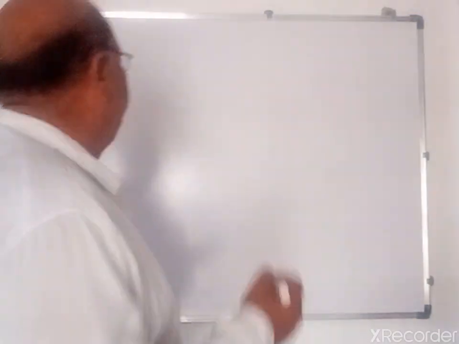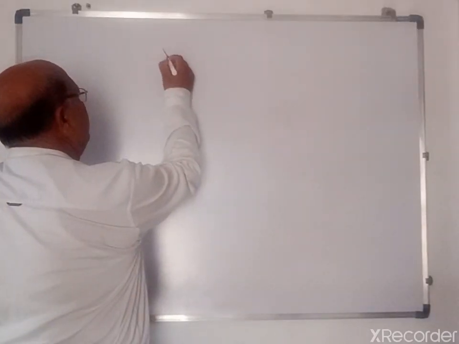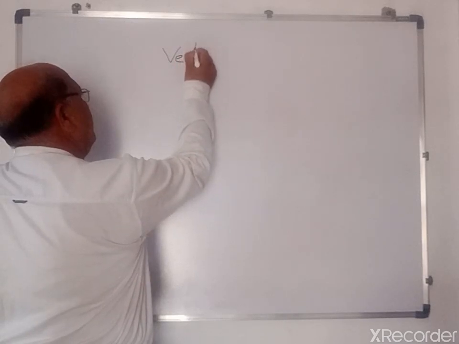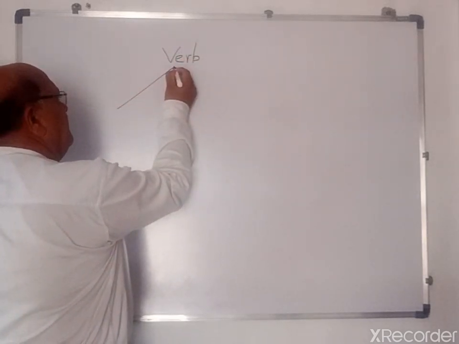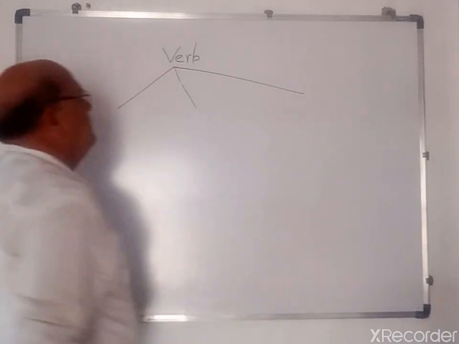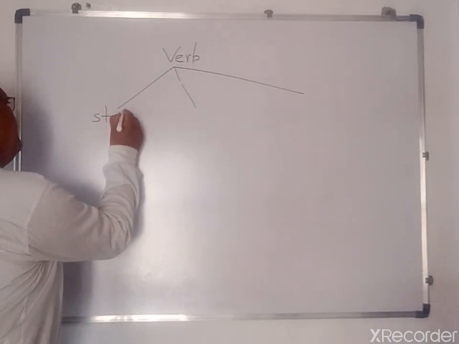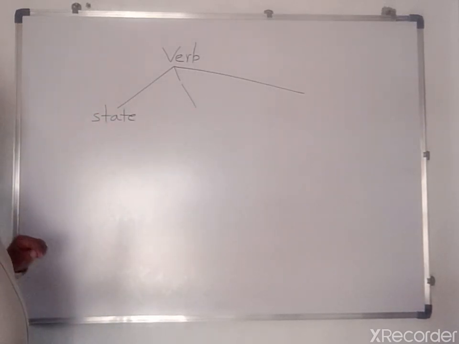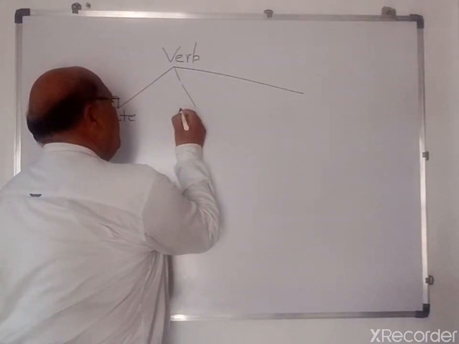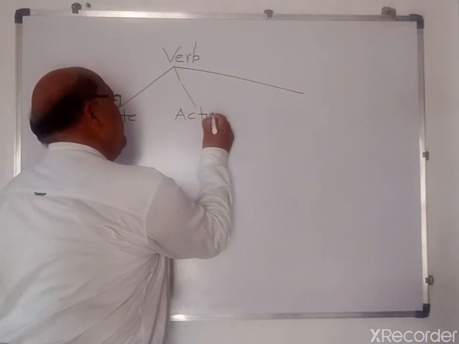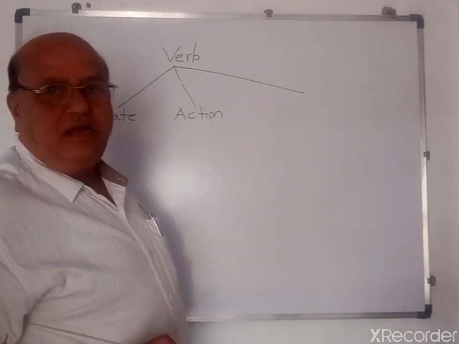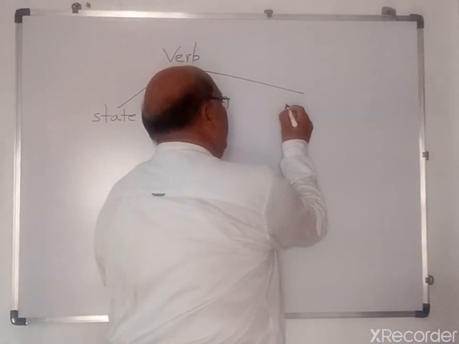Verb can be classified into 3 categories. Let me draw the picture. Verb can be classified into 3 categories. First one is state verb. The second one is action verb. And the third one is event verb.